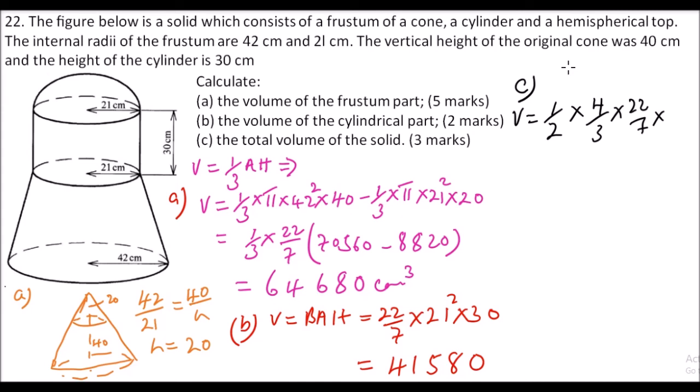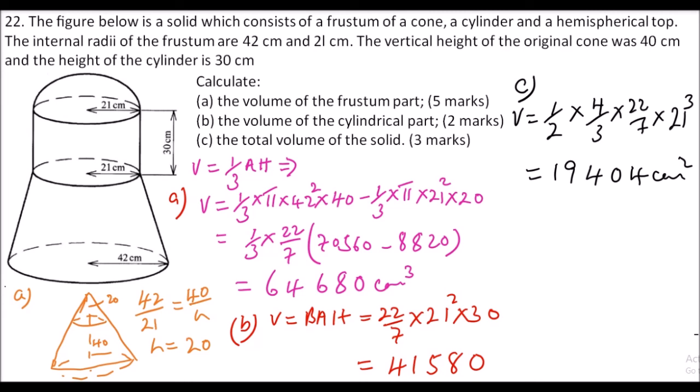Our radius is 21 cubed. So using a calculator, you compute that and you should be able to get 19,404 centimeters cubed.